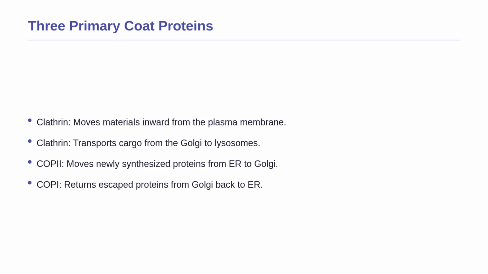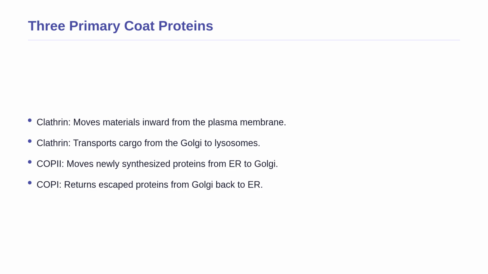Knowing how the coat assembles leads us to the different types of coats the cell uses. There are three primary types of coated vesicles, each defined by its specific coat protein: clathrin, COP1, and COP2. Think of these as different shipping companies, handling different routes.